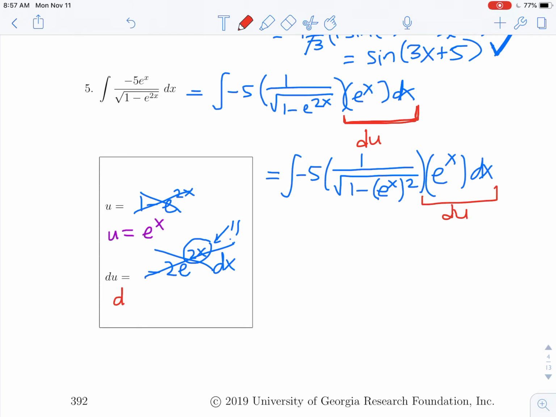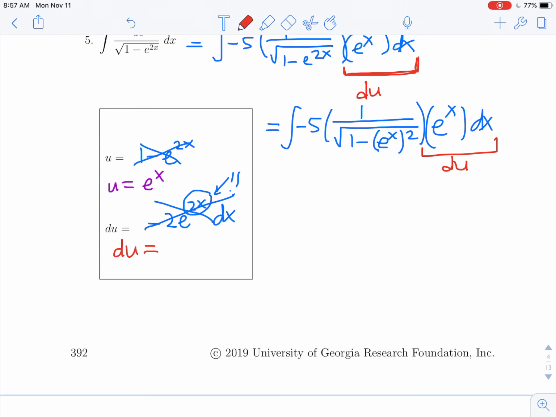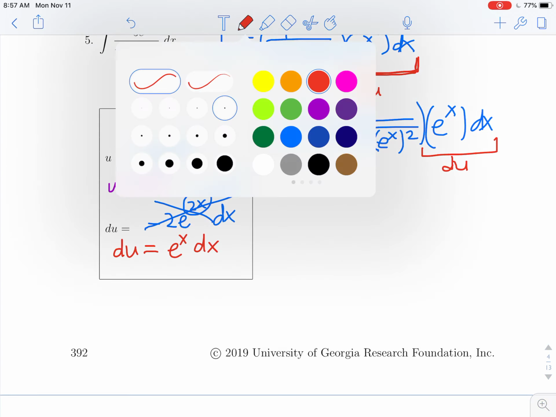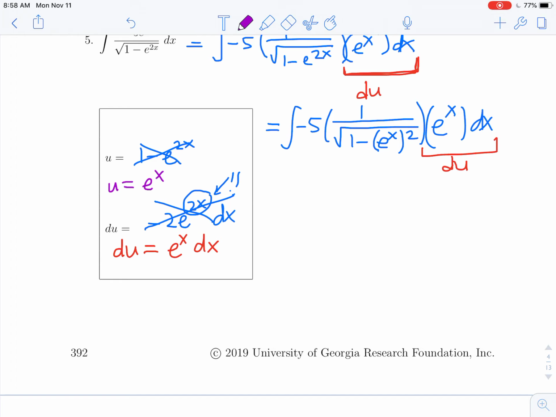And in fact, that's what we would get from the u that I've proposed to you but have not backed up yet. So du should be e to the x dx, we think. And the way that I have just written the integrand, you can see here's your u. So now you've got u as an inside function in a composition, and then you've got times the derivative of u, explicitly written down within your indefinite integral. And so now you're ready to go ahead and do the substitution.